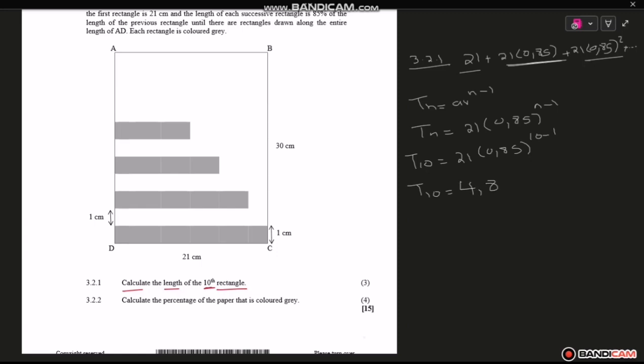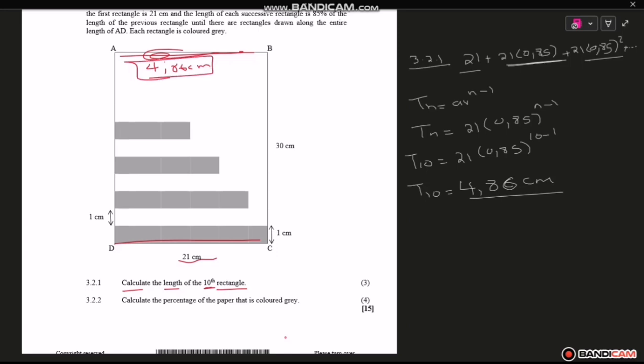Then we're going to get 4.86 centimeters. So this is the length of the 10th rectangle, maybe somewhere here, having a length of 4.86 centimeters.